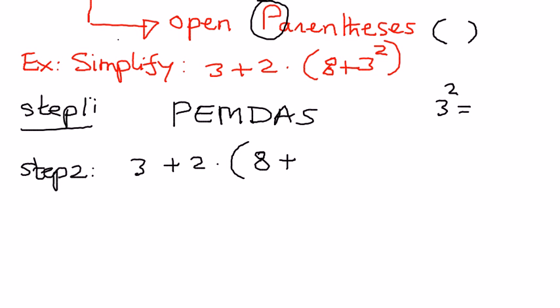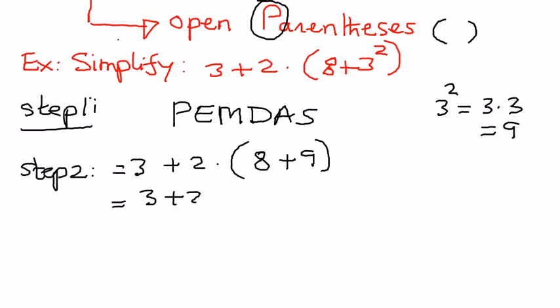The number of times the base term needs to be repeated is 2 times. That is 3 times 3, which is equal to 9. Instead of 3 to the power of 2, we can write 9 like that. Therefore we close parentheses.